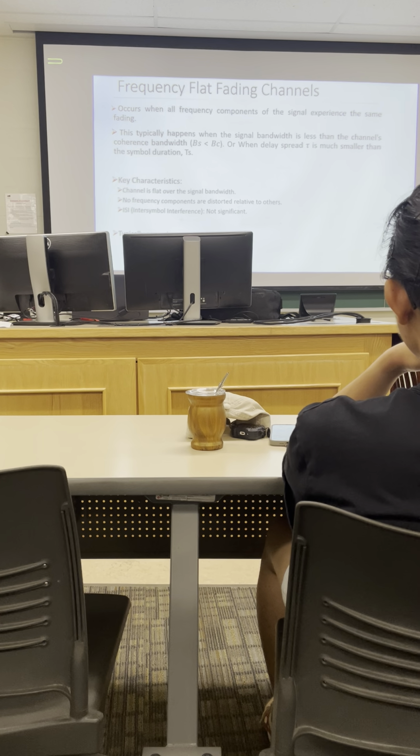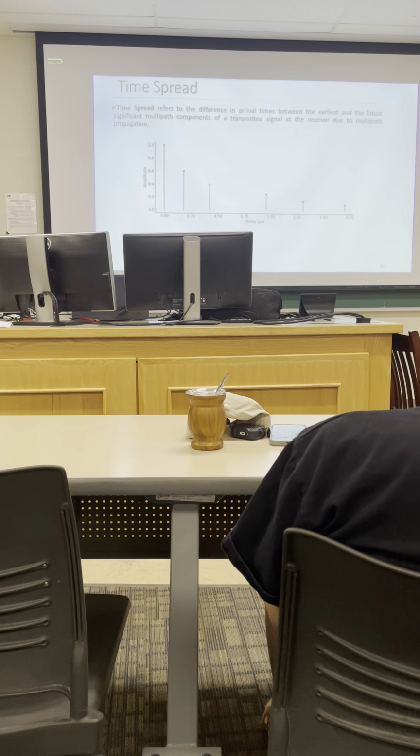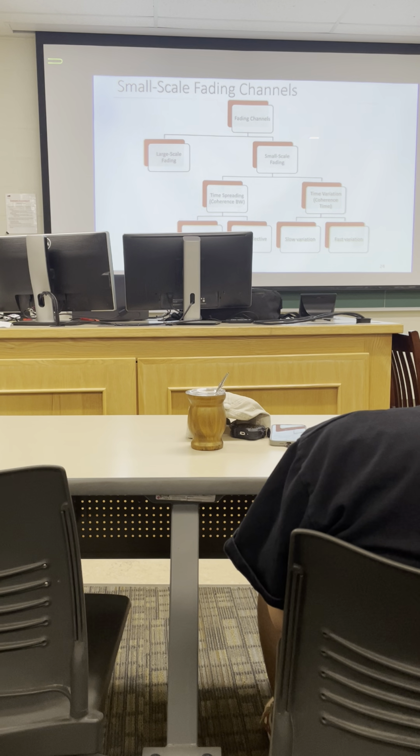now after we understood what coherence time is, what coherence bandwidth is, and what the delay spread is, we need to return to our map here. We will be discussing these two major categories of small scale fading.